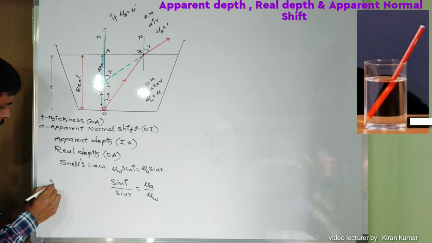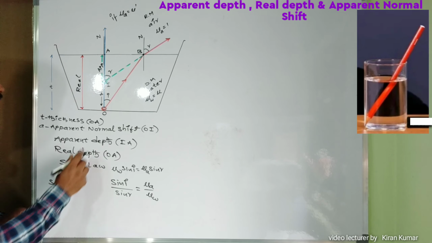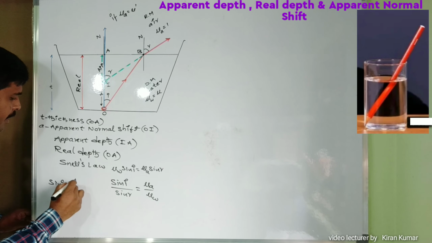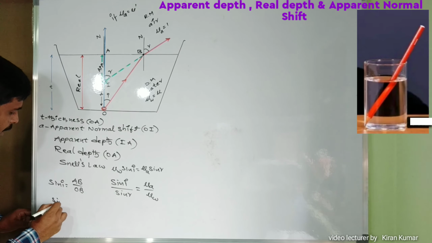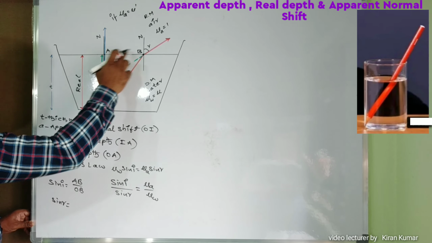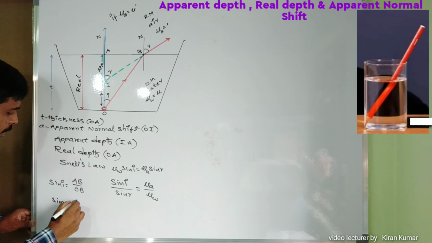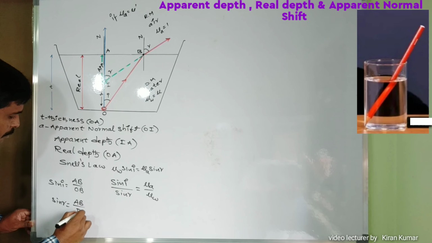Okay, and here sine i equals AB divided by OB, and sine r equals AB divided by IB.